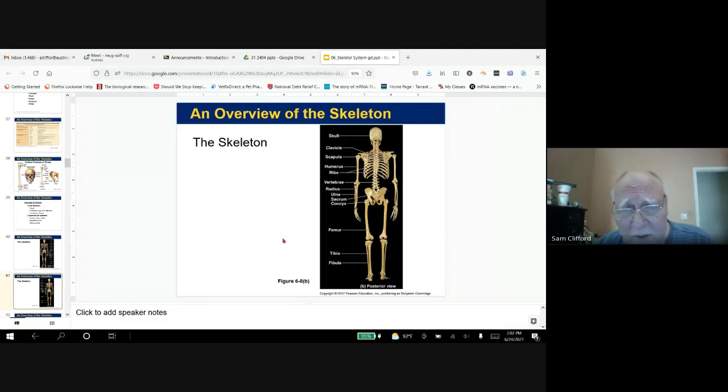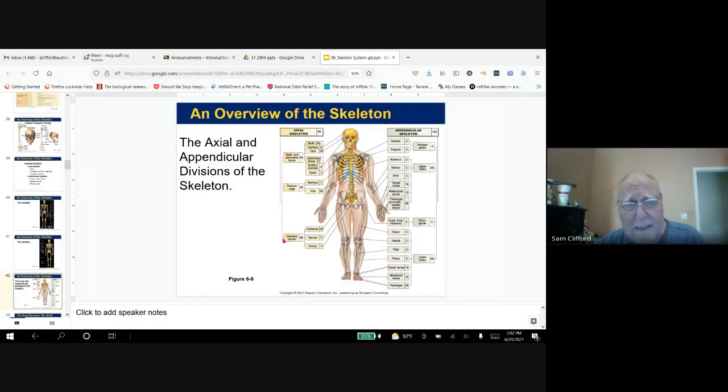Here's the front and here's the rear view, an overview of the skeleton. Know all of these terms in the appendicular skeleton and the axial skeleton. The central skeleton is the axial, and the external or peripheral skeleton is the appendicular skeleton. These terms will be tested in WebAssign, as you well know.